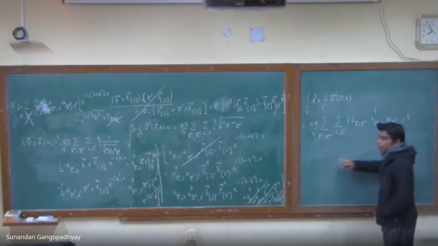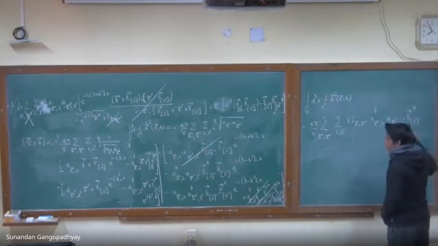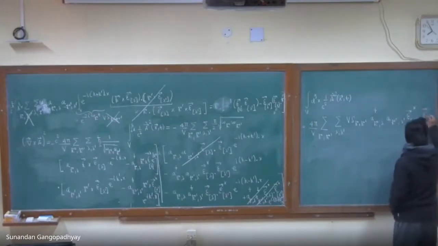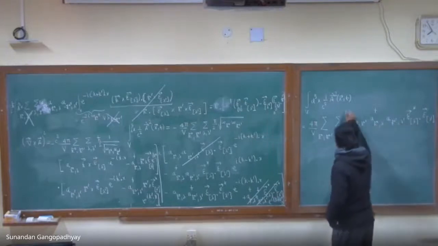I will zoom the board in a moment. Just wait, you will be able to see the full board. Epsilon star lambda dot epsilon lambda prime. This is the first term.